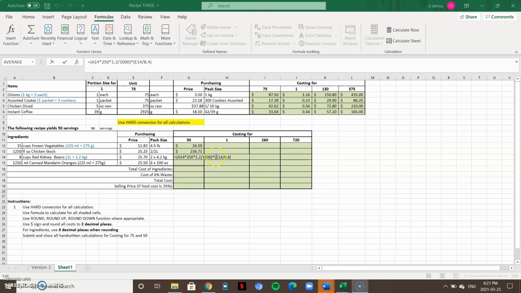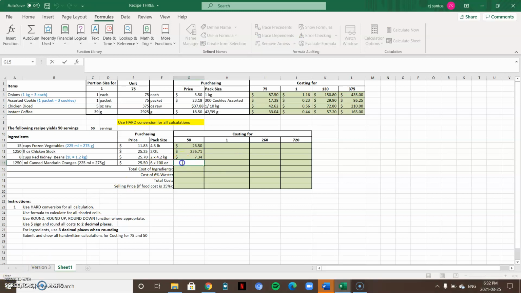Then I multiplied by 25.7 cents, 70 cents, and I divided by 8.4 kilograms. So 2 times 4.2 equals 8.4, and that will give me the answer of $7.34.